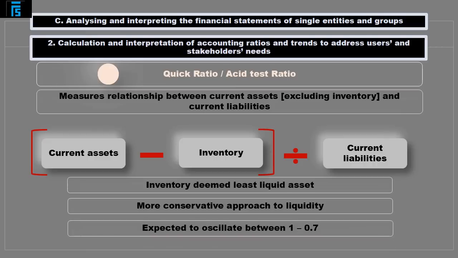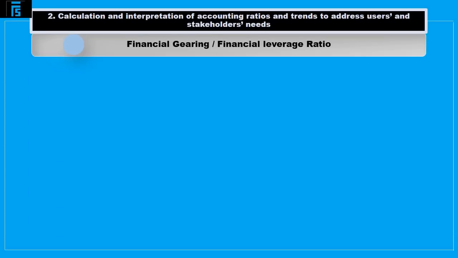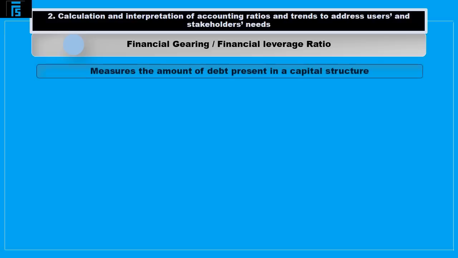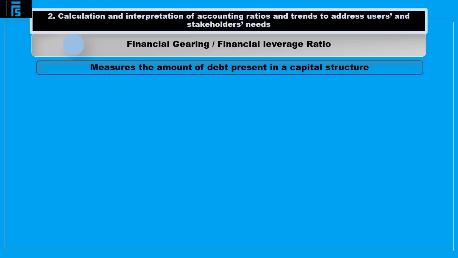Let us now turn our attention to solvency ratios, which, as we remarked at the top of this module, provide a measure of a company's ability to meet obligations over a long-term perspective. We will introduce and discuss two such measures, namely gearing and interest cover. Financial gearing or financial leverage ratios measure the amount of debt present in a company's capital structure.